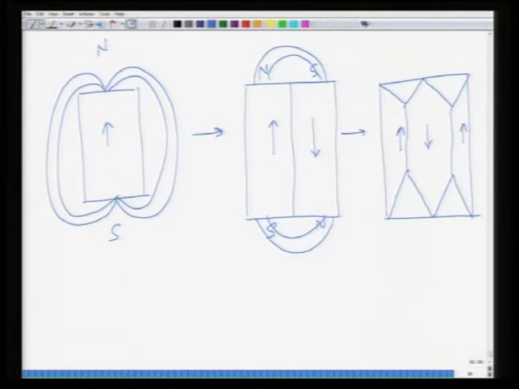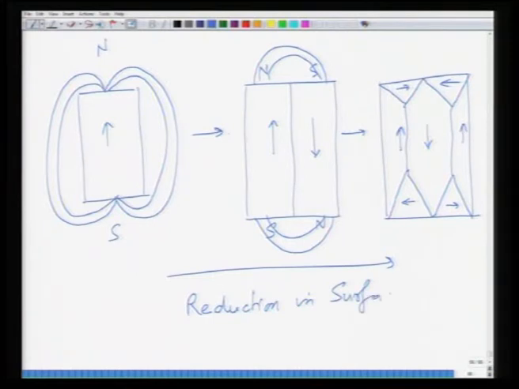So what you are going to have here is spin left, spin right, and this would be spin right, spin left. And again you have a north south combination, and this gives you a much smaller flux. So as you go from this configuration to this configuration, there is a reduction in surface flux density.